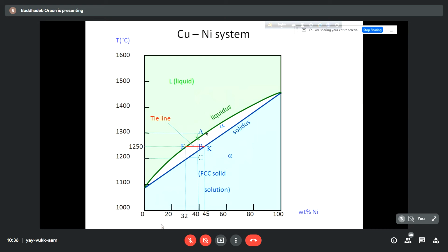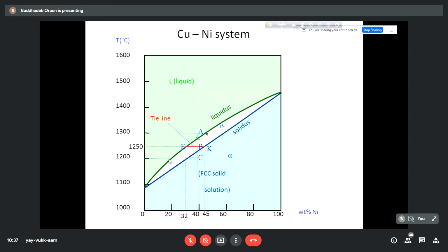Now, how can we draw this? In order to draw this, we have to take different compositions and perform the phase transformation by raising the temperature. You have to note down when the solid starts melting, and when the melting is completed.